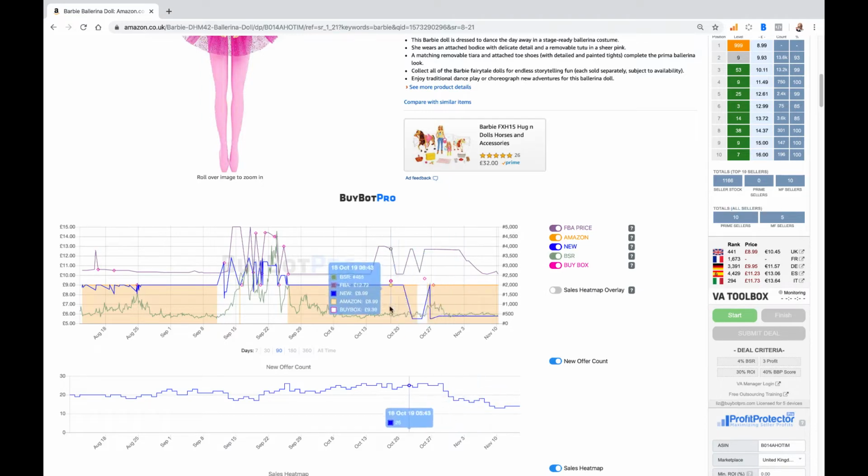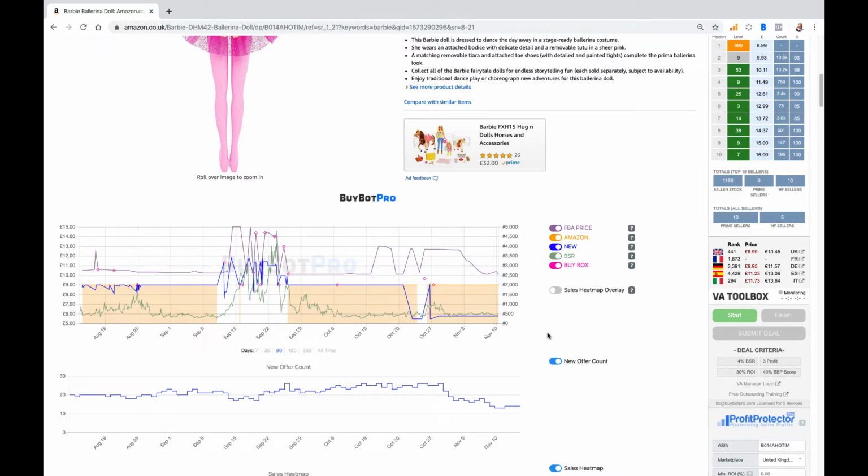So you can read the chart by having a look and seeing what happens with these lines. As you can see, you can hover over and look at specific dates as well, and it will tell you what the BSR was and the prices on that particular date. Straight away, just by looking at that graph, you can see that Amazon are in and out of stock, because you can see that the orange block disappears at some points and goes white, like here and here, where Amazon are out of stock.